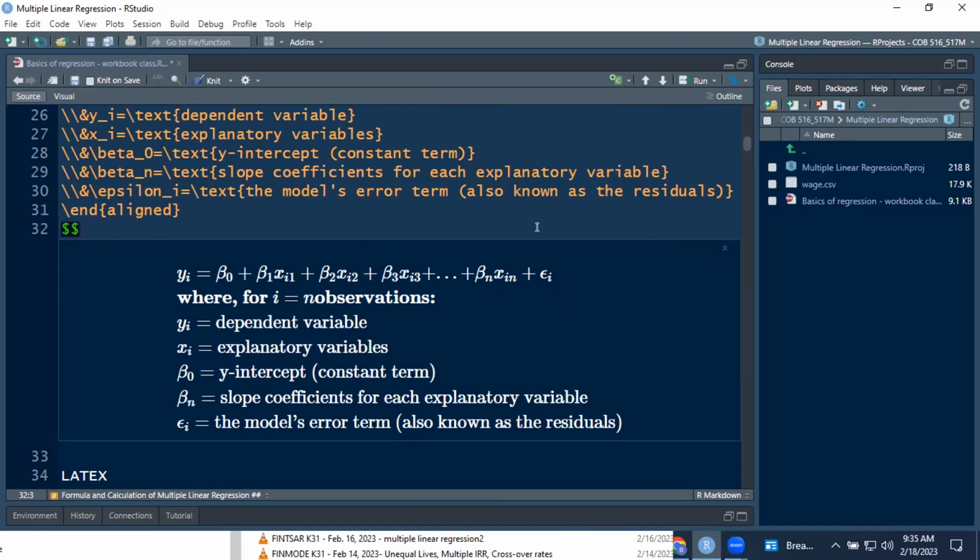So for example, we have 20 observations. Then you have y1, y2, y3 up to y20. Okay, y1 will correspond, of course, to the observed value for the first observation. The 1 here refers to the first variable. The 2 here refers to the second variable. The 3 refers to the third variable. And n refers to the nth variable.